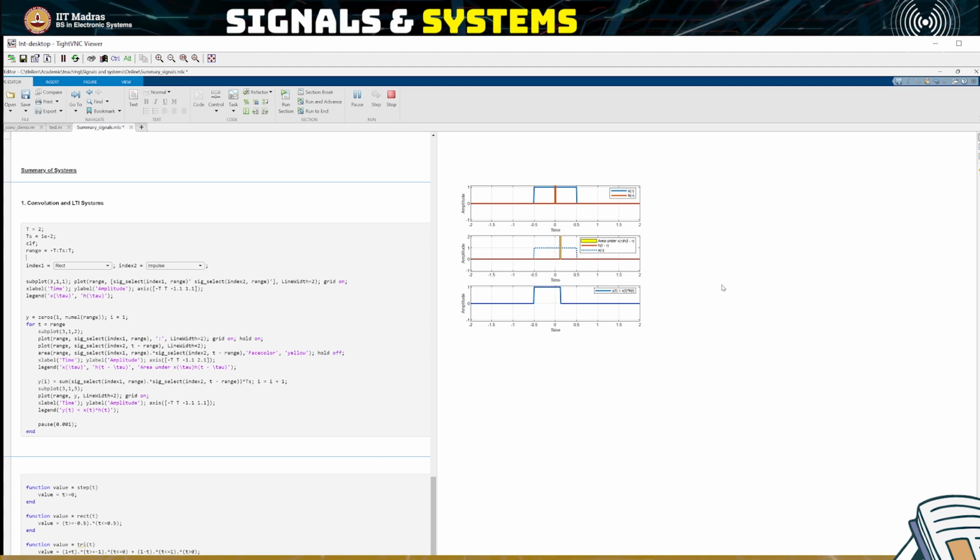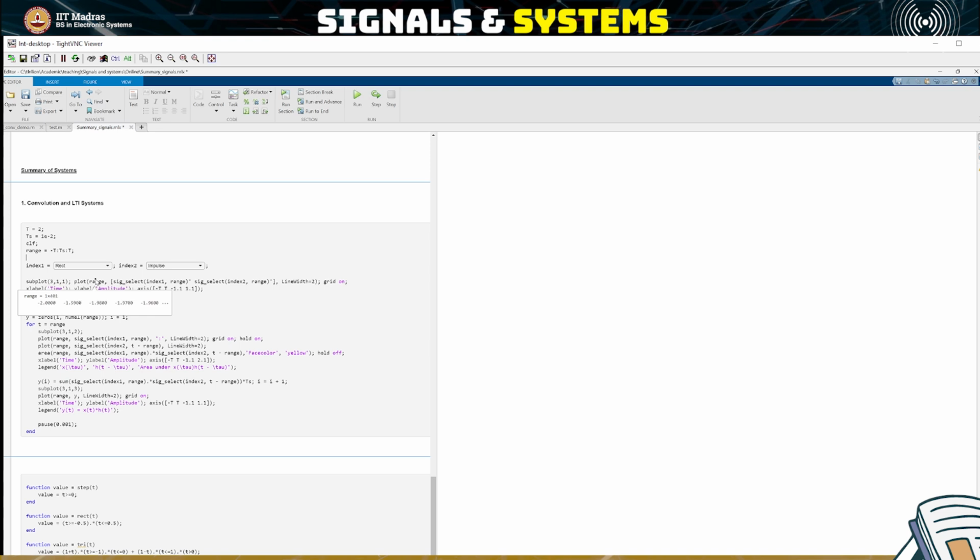The area is going to be exactly the value of the signal itself, which is basically sampling the signal at every point, and then the integration is putting things together. So you get the same signal once again. Convolving with an impulse is going to give you the same signal itself. So it's like an identity transformation. You don't do anything to it, you just give back what was given as the input.